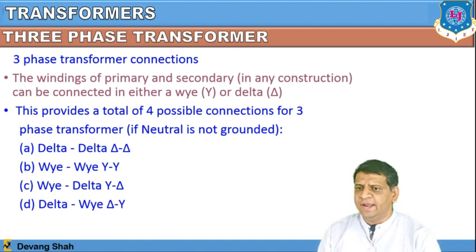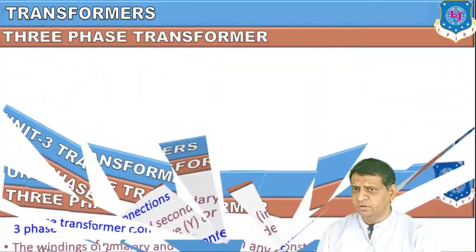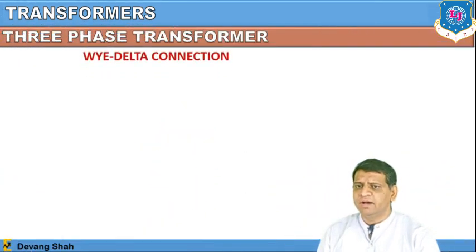Case number 2 is Y and Y, that means the primary winding is Y connection and the secondary winding is Y connection, or star to star. Case number 3 is Y to delta, and case number 4 is delta to Y.